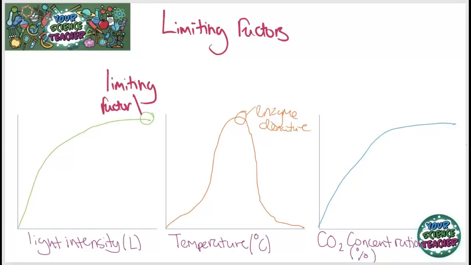The temperature graph for photosynthesis is a little bit different because of the fact at really high temperatures enzymes denature. This means that the active site changes, and therefore your enzyme will no longer be able to work, and photosynthesis basically just won't happen. Carbon dioxide concentration is very similar to light intensity.